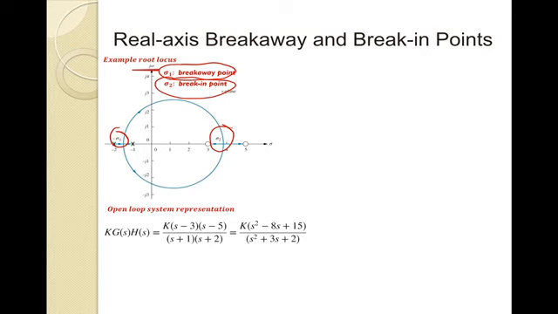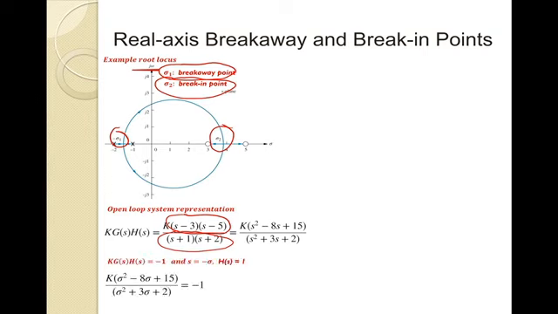Given those poles and zeros, we can write an open-loop system representation, k times GH, just based on the pole and zero locations as shown here. So we have the two zeros, 3 and 5, and the two poles at -1 and -2. We multiply those out, and we get a final representation here, a second order numerator and a second order denominator.